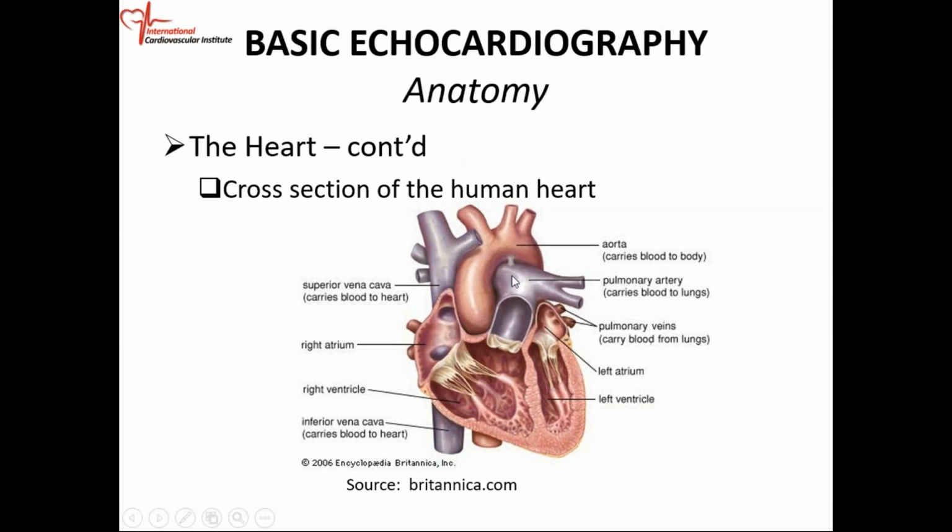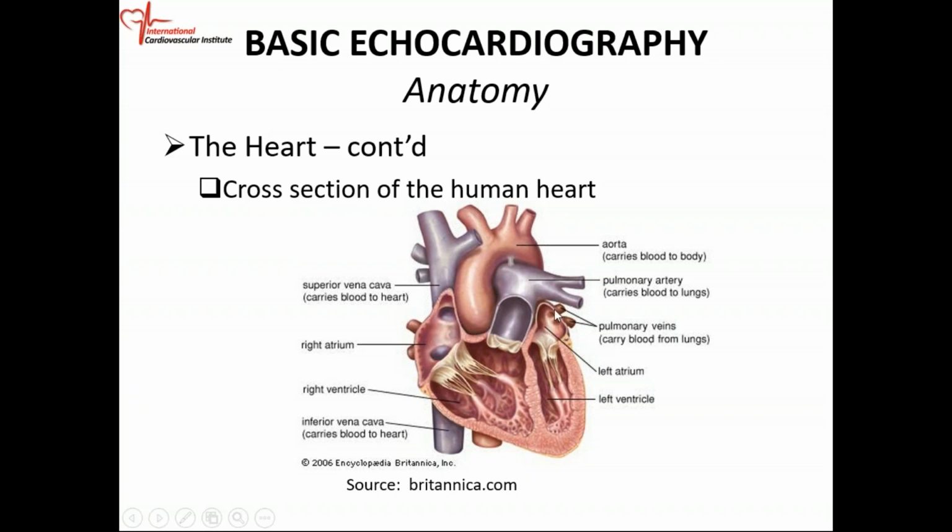Okay, so now the blood that is leaving from the lungs is going to be richly oxygenated. And that oxygenated blood leaving the lungs is going to travel via pulmonary veins, okay, to the left atrium.